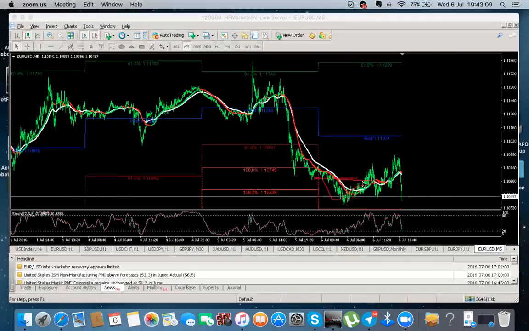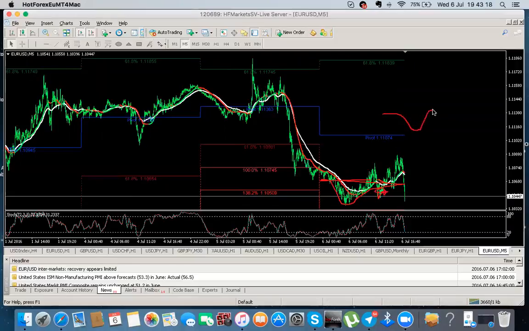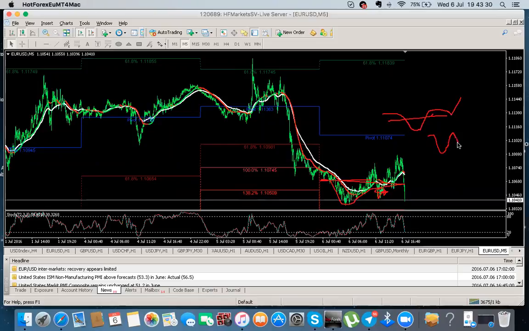It broke. This is not a good pattern. All I wanted was the pattern completely forming and not going below this. Maybe it will try, but what it did was break and go down. So I know it will retrace.